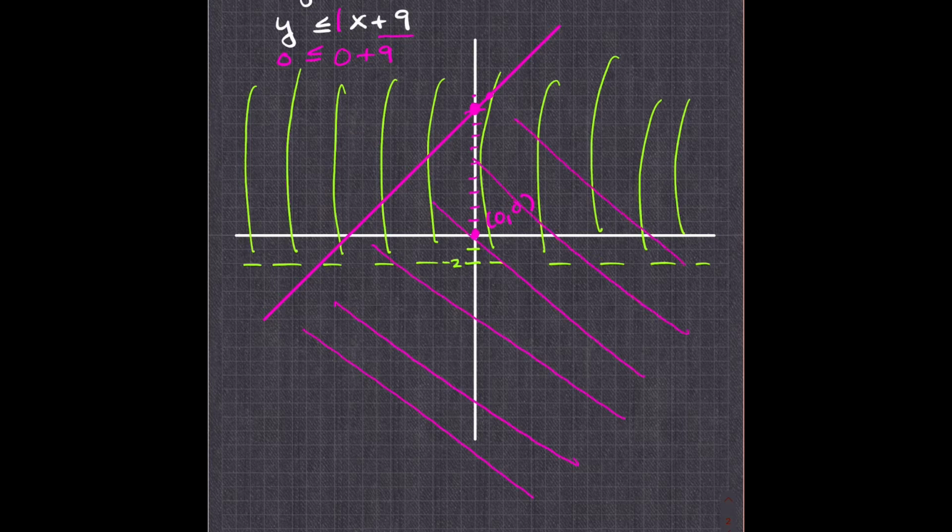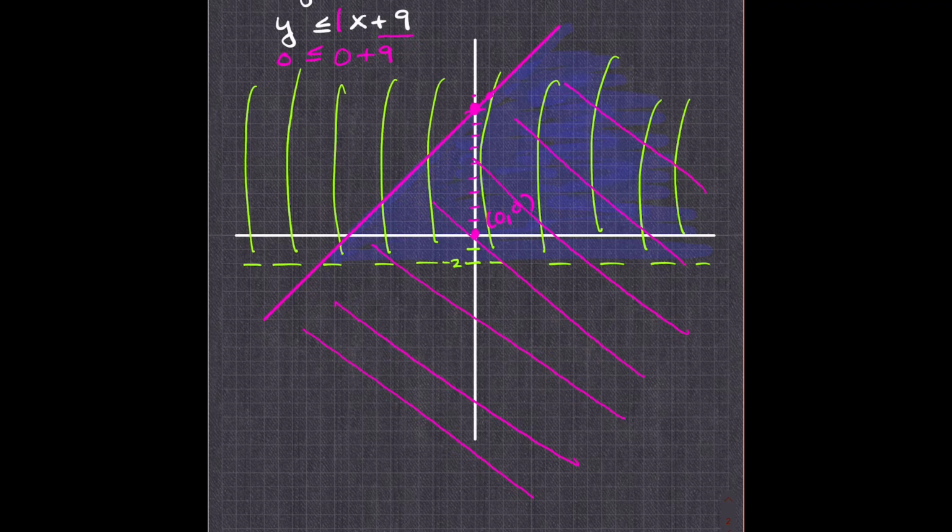So when we have a system, we want to bring both of these equations together and find the overlap. So I'm going to look at shading where these two exactly overlap. So that would be inside of this boundary, down to the dotted line here, and then you can see all of this is where my solutions are going to be.